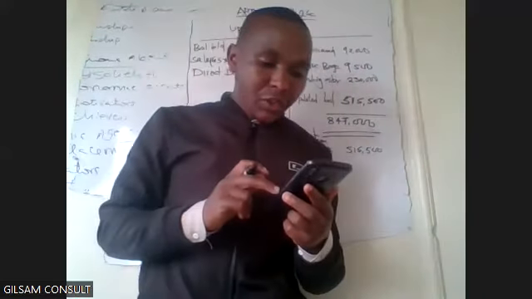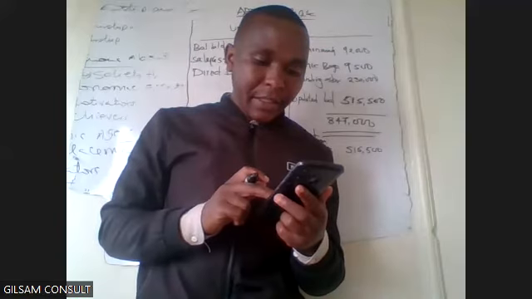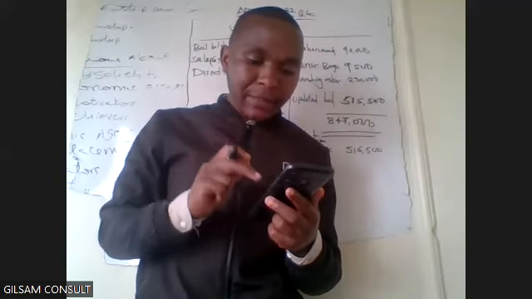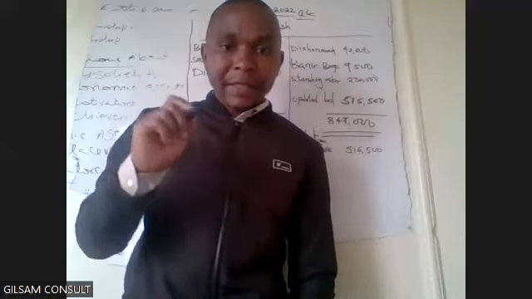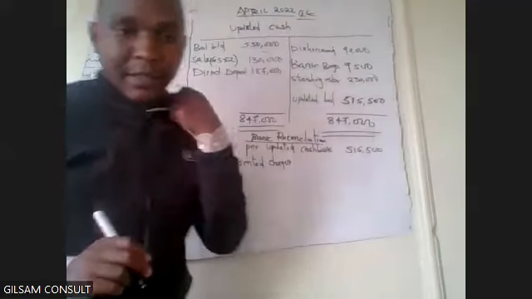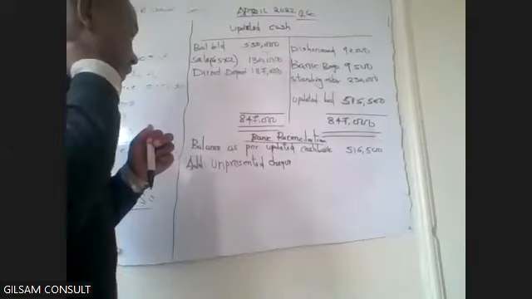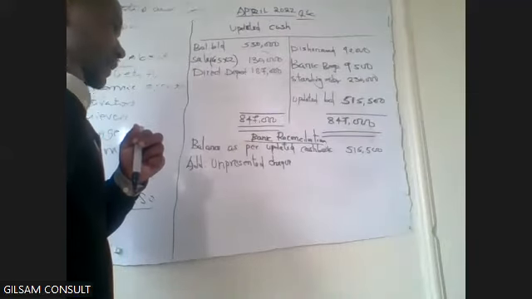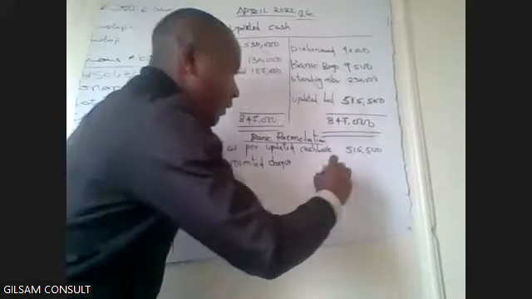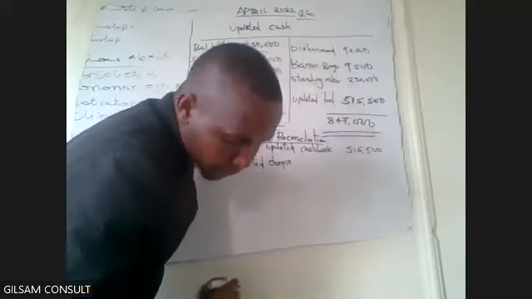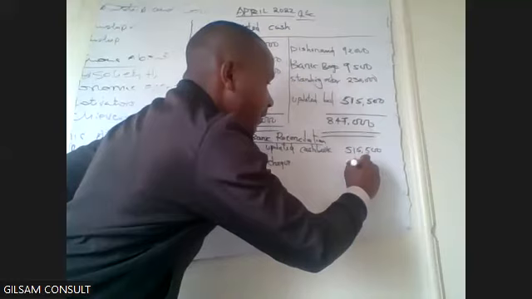A check totaling 299,000 had been issued to a supplier but not yet presented to the bank for payment. So that is the unpresented check. We add the unpresented check here, 299,000.